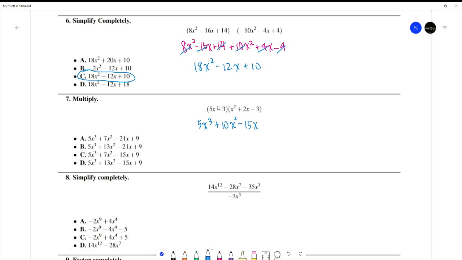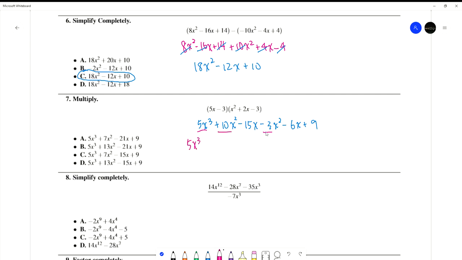Then we move on to the negative 3 and distribute all of that. So you get minus 3x squared minus 6x. And lastly, plus 9. So let's combine like terms. 5x cubed is just 5x cubed.